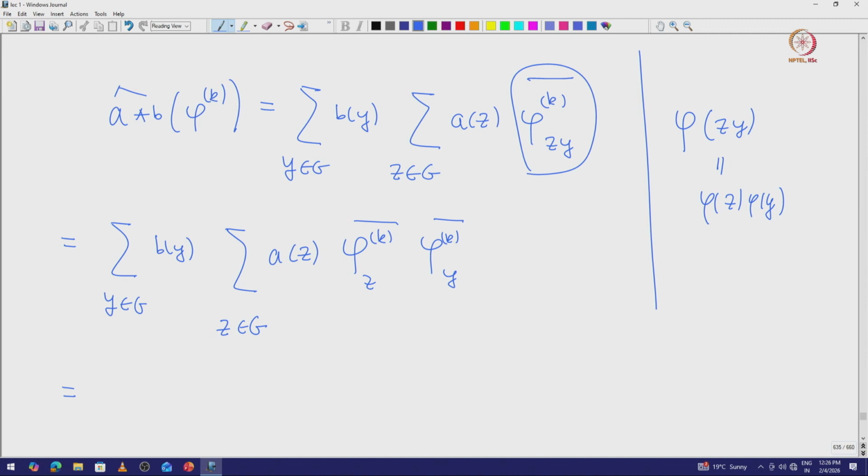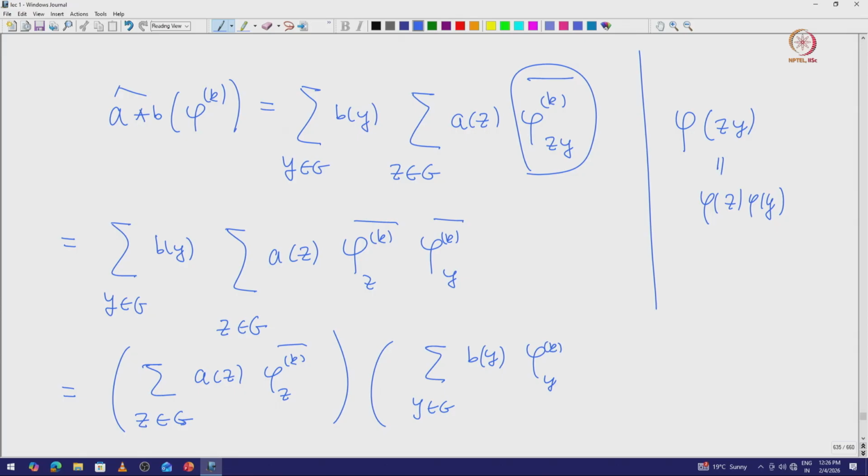I again interchange and see that this can be written as summation z in G A z phi z k bar times summation y in G B of y phi y k bar, which is exactly A hat of phi k times B hat of phi k. So this is what we wanted to check.